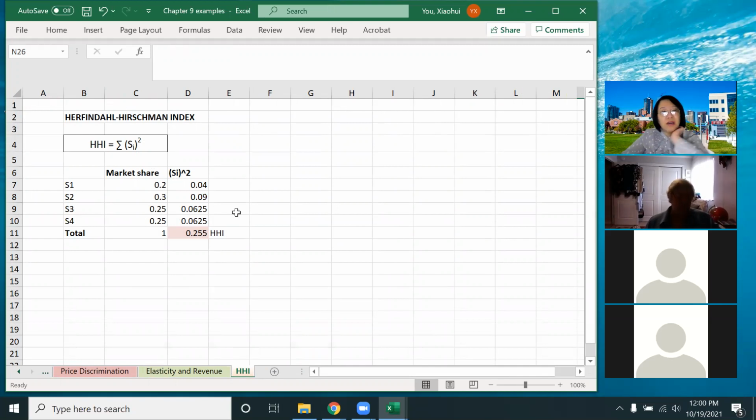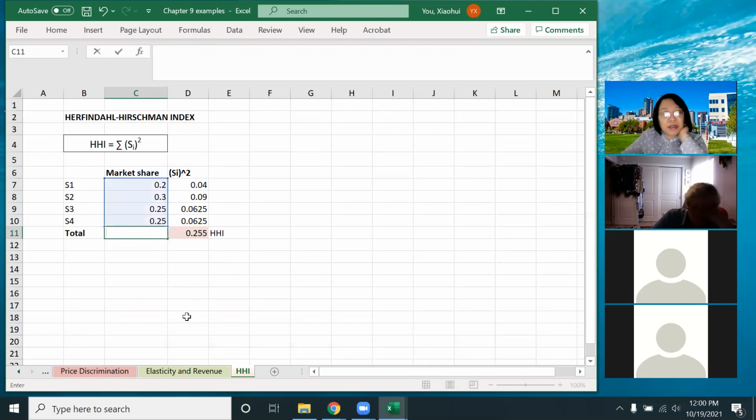So this is the calculation. In the market, there are 4 firms, so each firm has this share. Since there's only 4 firms, if you add all the shares together, it should be equal to 1.